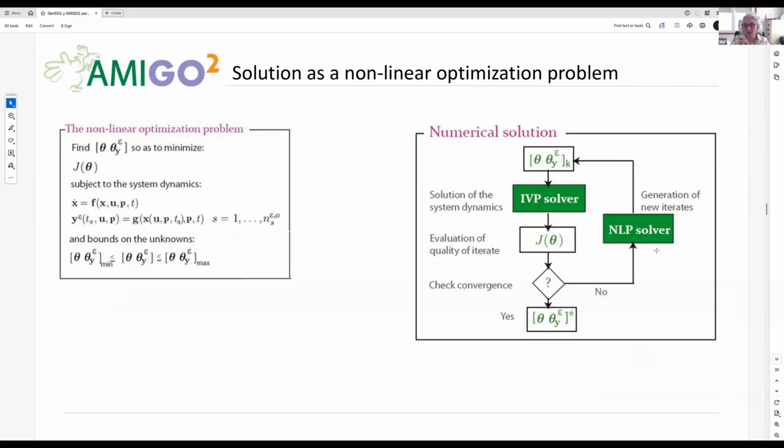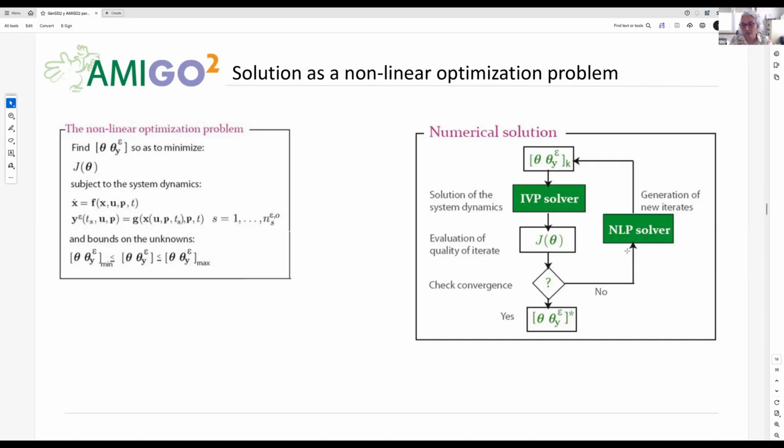The idea is to minimize the cost function, the least squares or the log likelihood function, subject to the system dynamics and the observation function, within a box or hyperbox of parameter values. We can also handle constraints on the states or the parameters, but I haven't included them here in the formulation just to make it a little bit simpler.